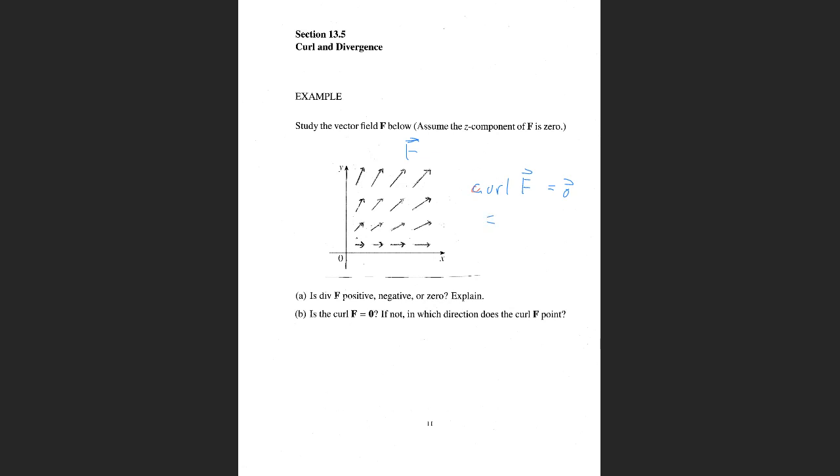So this implies that our vector field F is irrotational. When the curl of the vector field is equal to the 0 vector, the vector field F is irrotational.